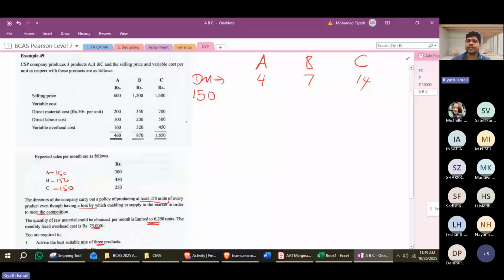To produce 150, how many raw materials should be used for A? 600 units consumed for A. How many consumed for B?